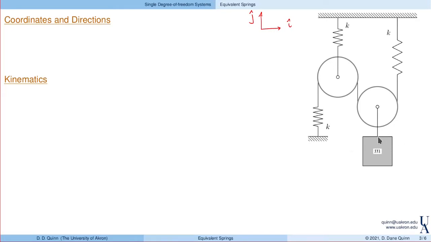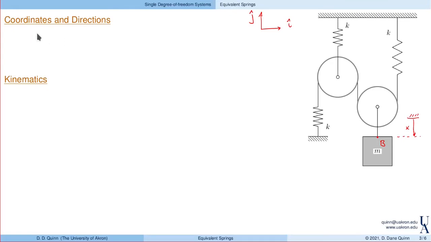So for the motion, let's identify the block as B, and then we'll measure the displacement of this block with X. Measure down, again, if X is equal to 0, we'll assume this is in static equilibrium. So X measures the displacement down of the block.